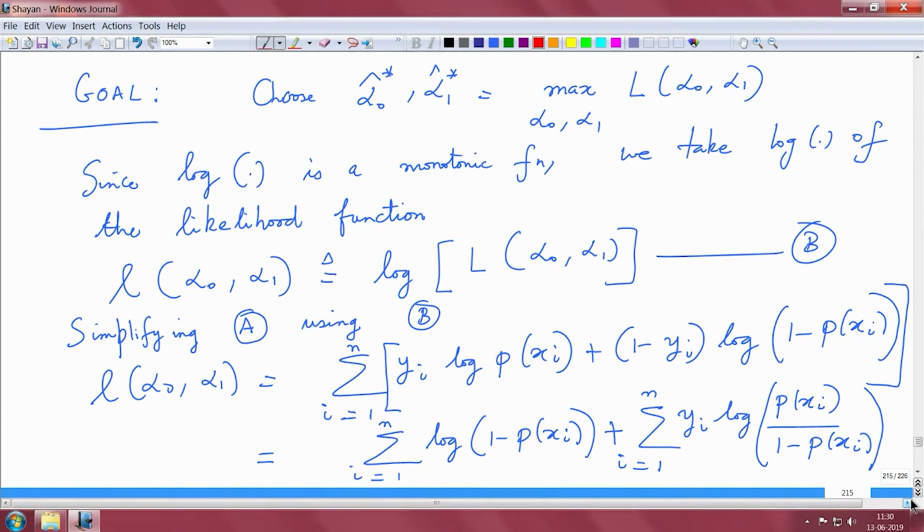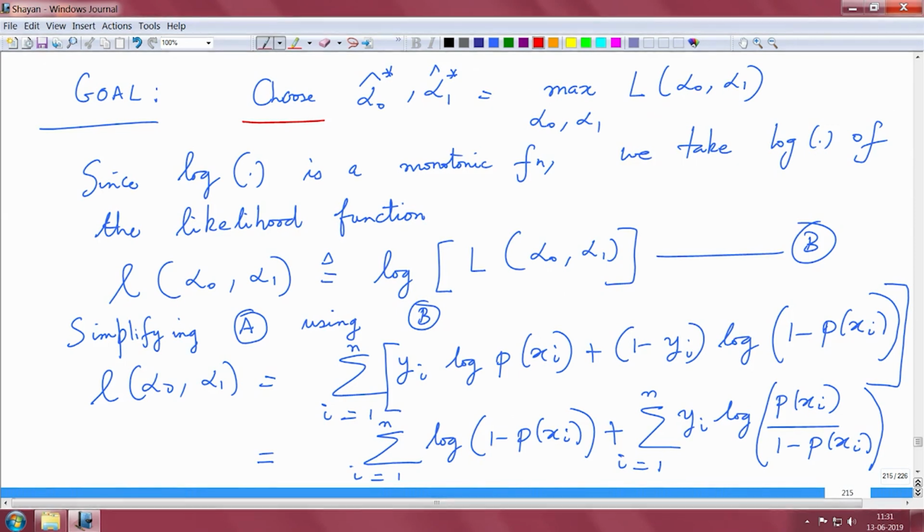So, put in compact terms, we need to choose alpha naught hat, alpha 1 hat, the estimates of alpha naught and alpha 1 that are optimal. The star indicates optimality and the hat indicates it is an estimation that maximizes this likelihood function.